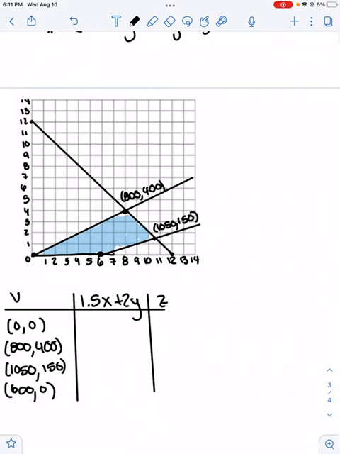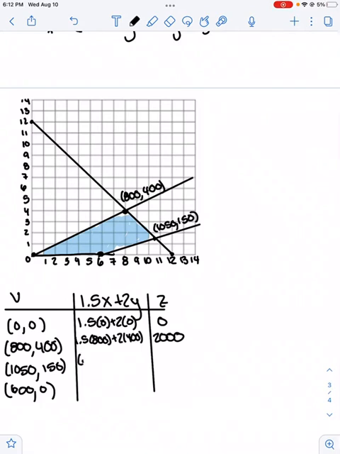Z. So we would get 1.5 times 0 plus 2 times 0, which is 0. 1.5 times 800 plus 2 times 400, which is 2,000.